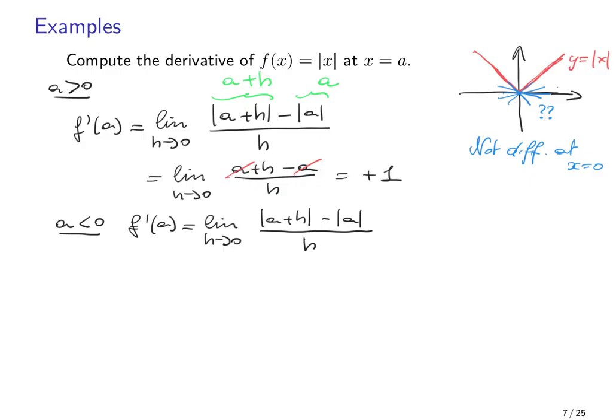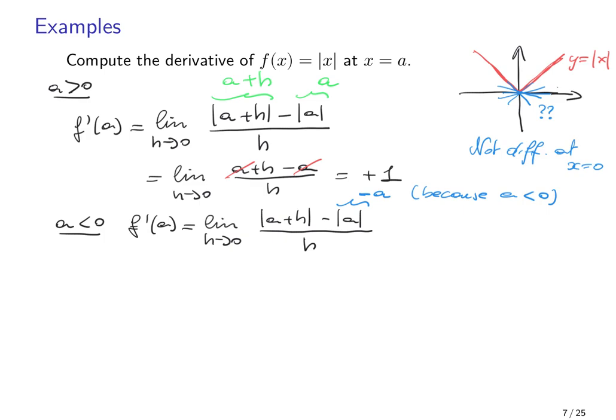Now things are a little bit different, but not too much. A is negative, so the absolute value of a is minus a, because a is negative. And same thing for a plus h: a is negative, h can be positive or negative, but h is very small, since we're taking the limit as h goes to 0.